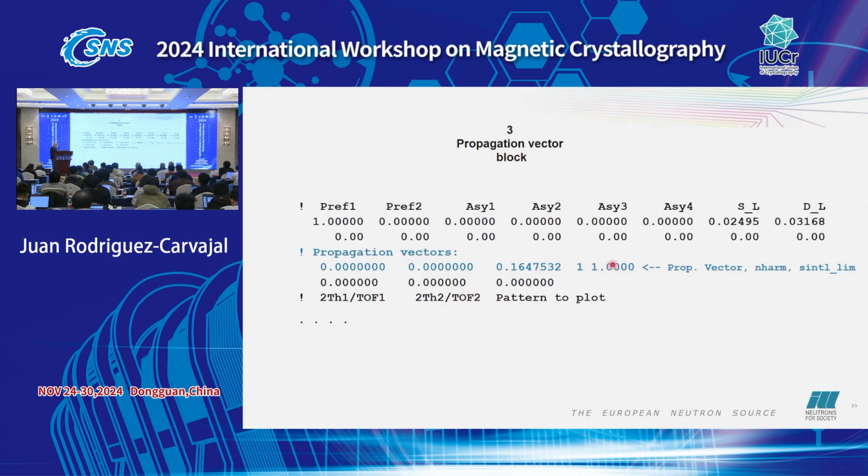You can put, for example, the sin theta limits in order to limit the generation of satellites, because in many cases, at long range the magnetic intensity is negligible, and it's a waste of time to calculate the magnetic contribution at very high Q.